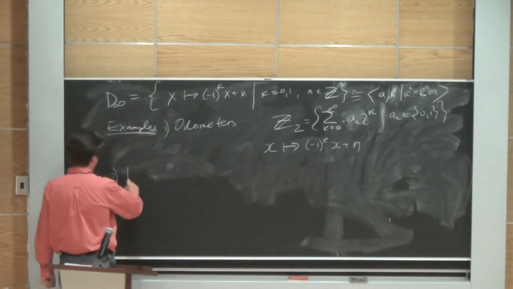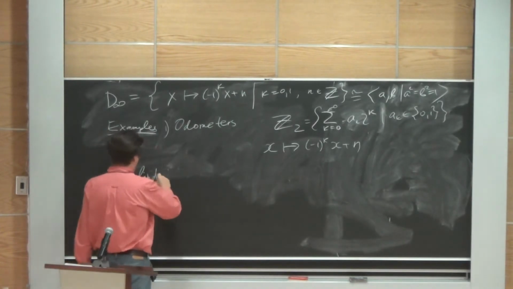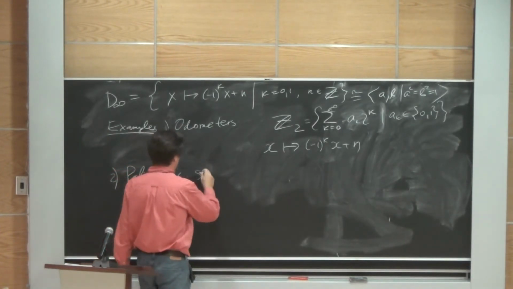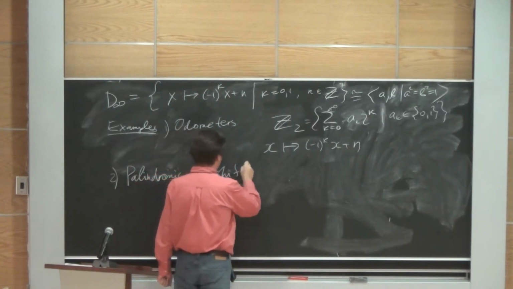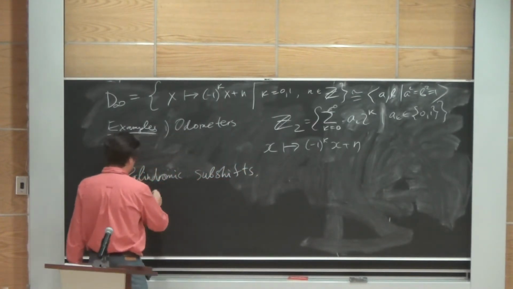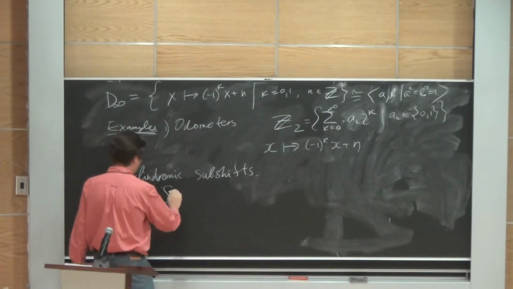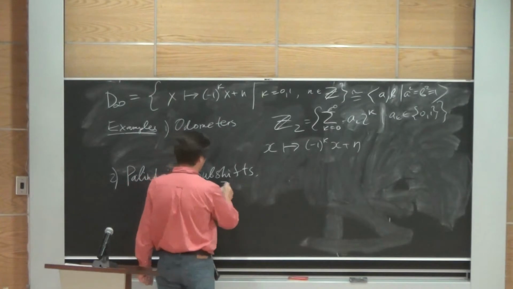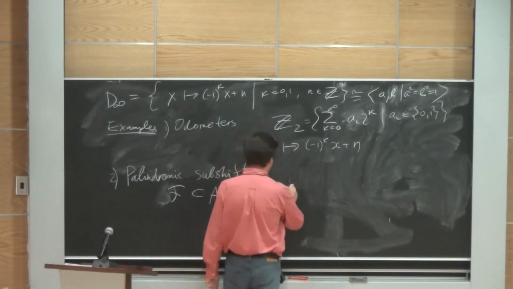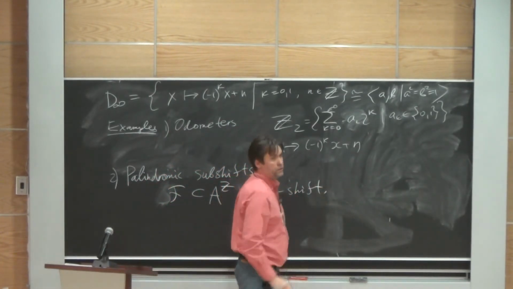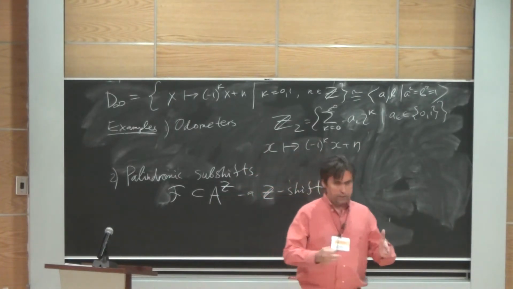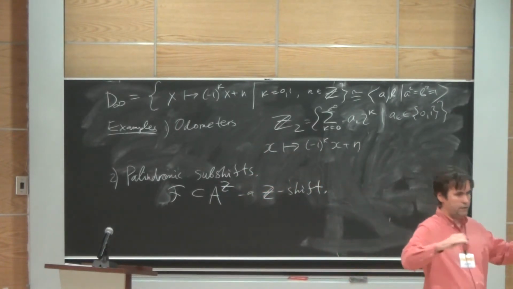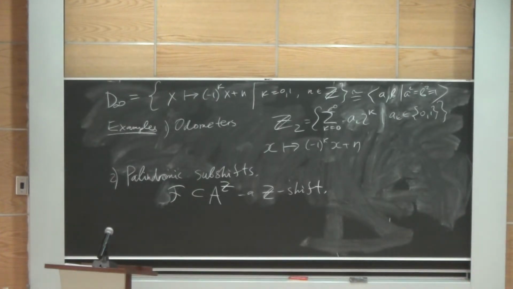Another class of examples are palindromic subshifts. So if you have a Z shift, on some finite alphabet to the Z, it's called palindromic if in these sequences you will see arbitrarily long palindromes, so words that can be flipped.